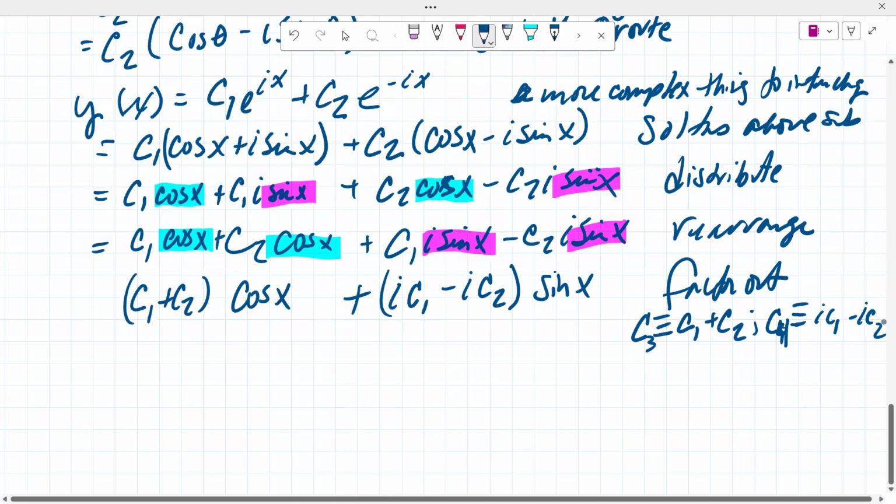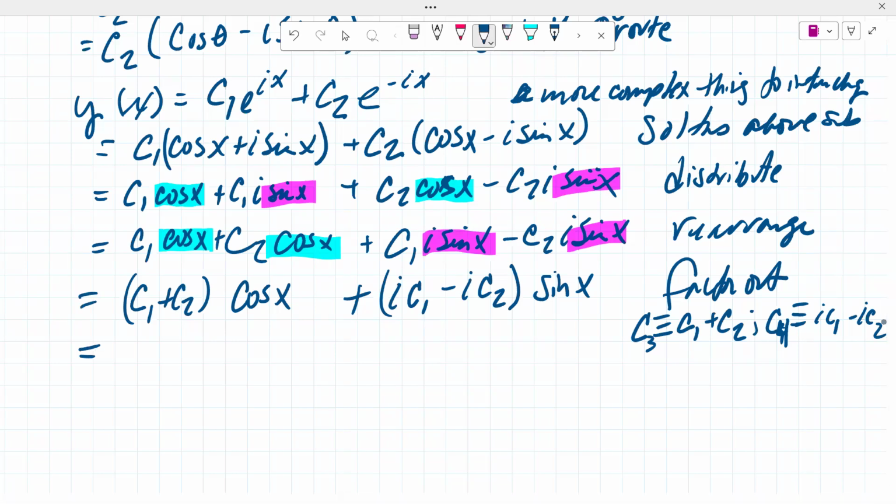So with these new constants being defined, that simplifies things considerably. So C1 plus C2 is just C3. And anytime we want to go back to the originals, all we have to do is look over here to what they were equal to. C4 sine x.